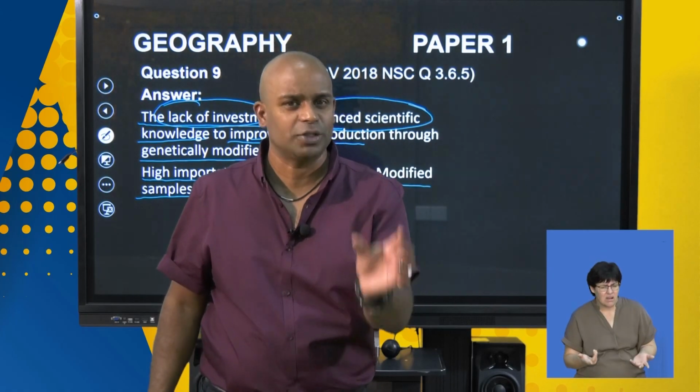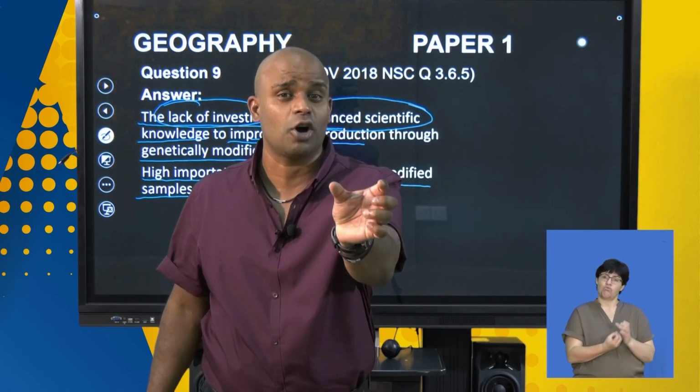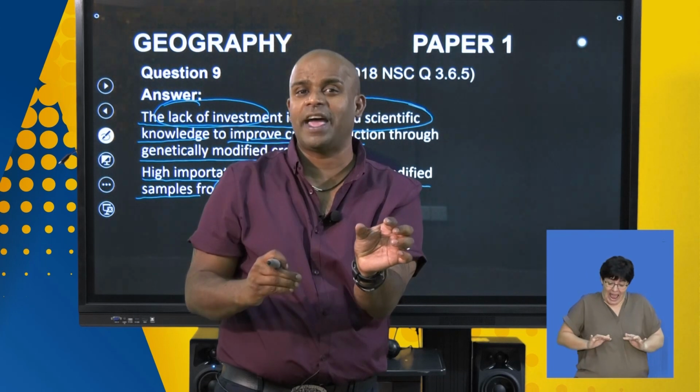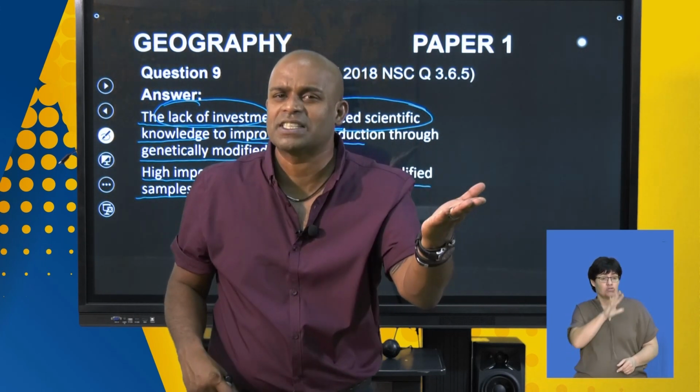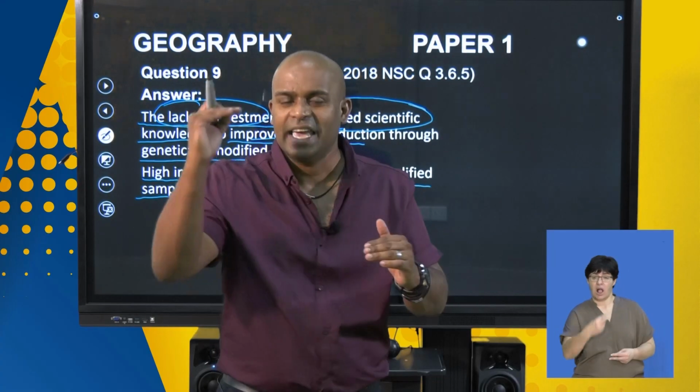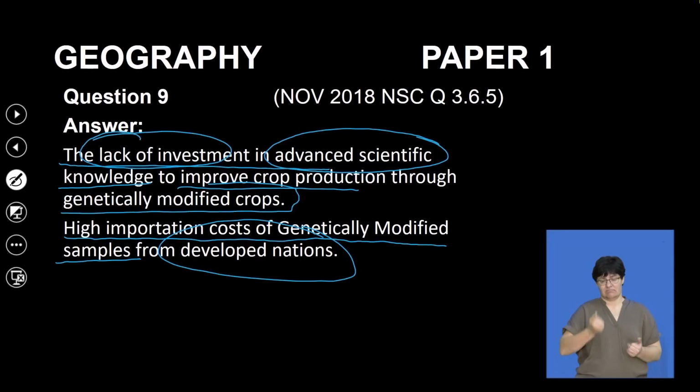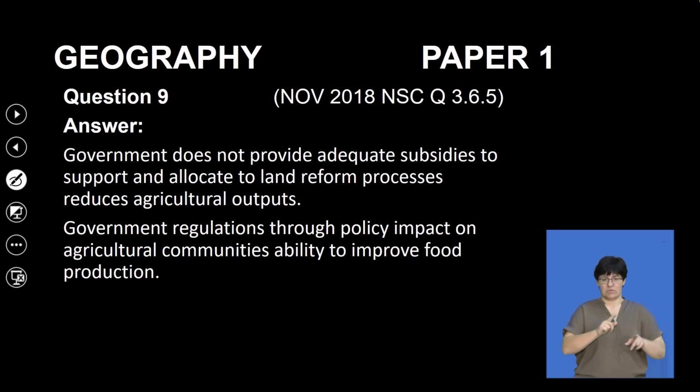Are you seeing this picture? It's not so much about the genetic modified crops that is in your content, but how you're qualifying it. The lack of scientific knowledge, the lack of investment. How am I doing it? In paragraph formats. Let's look at another question. In this particular question, we've looked at other answers in previous questions.